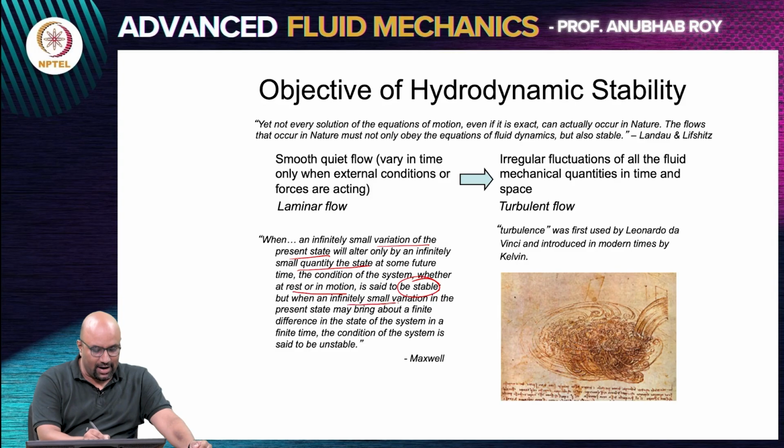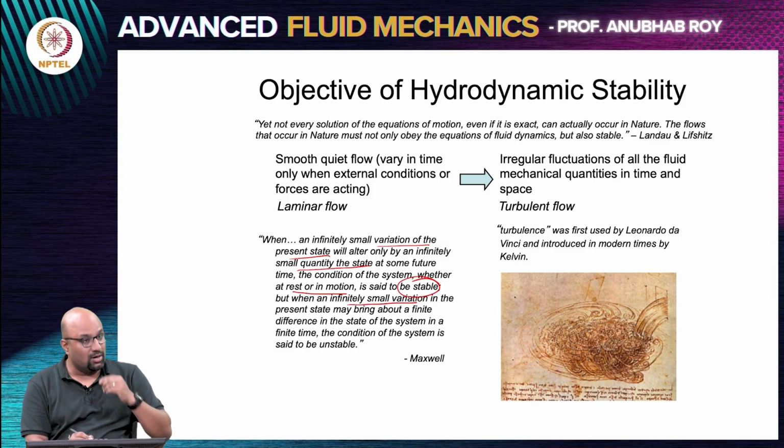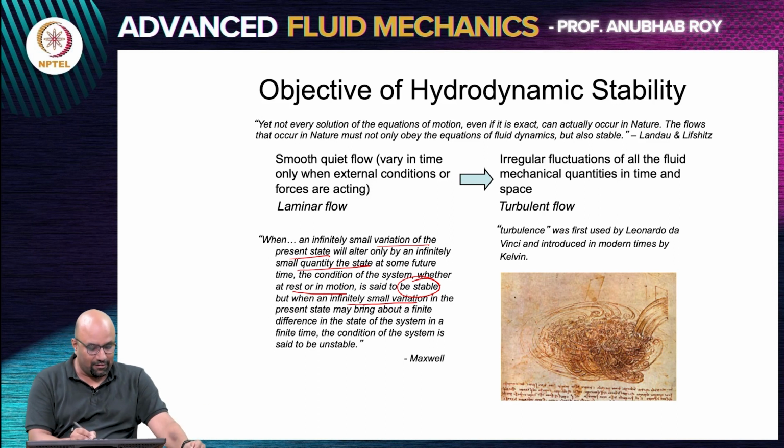But if an infinitely small variation that you give to the present state moves it on to some other state in a finite period of time, then this is called an unstable state.